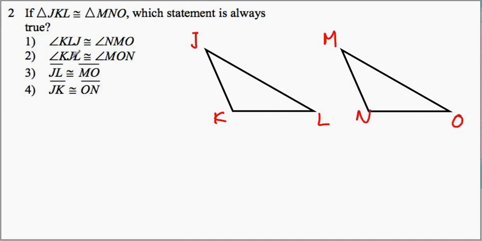Now, angle L and angle M: do they have to be congruent? Not necessarily. J and O, same reasoning as the first one. Line JL, which is this line segment, has to be congruent to MO? That is true based upon the letterings here.